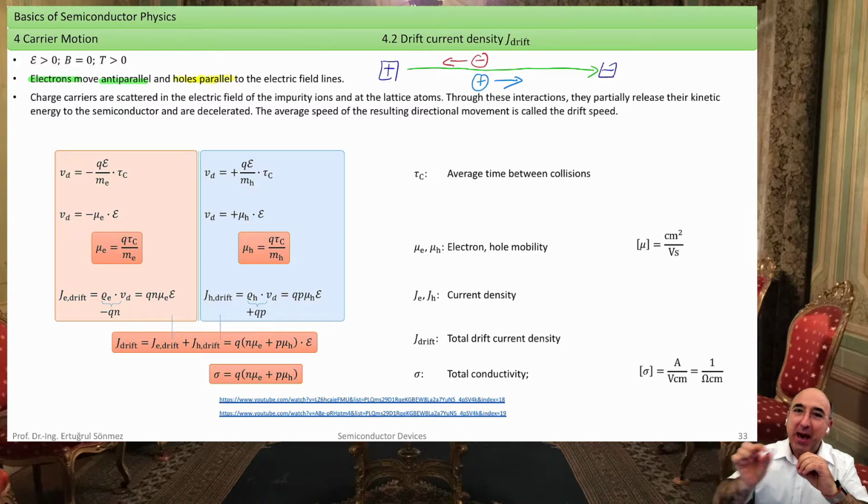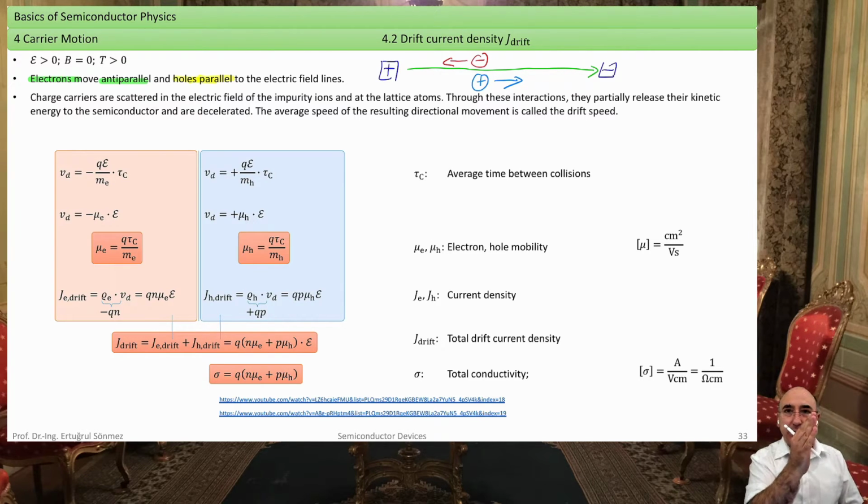So they repel if both are negatively charged. Okay, so this is the impurity ions scattering. We have talked about this sentence only, not more. Let's go on. Through these interactions, they partially release their kinetic energy. So I have an electric field, I have an electron, and this electron is on the move.